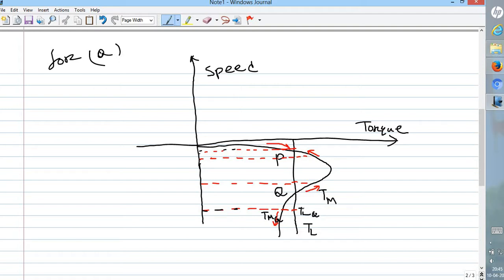Since the load tries to drive the motor, the speed will increase and follow this region. Now when the speed is less than the speed at point Q, again the load torque is less and the motor torque is more. That means the motor will try to slow down the rotor and the speed will decrease. So the point Q cannot be a stable operating point.